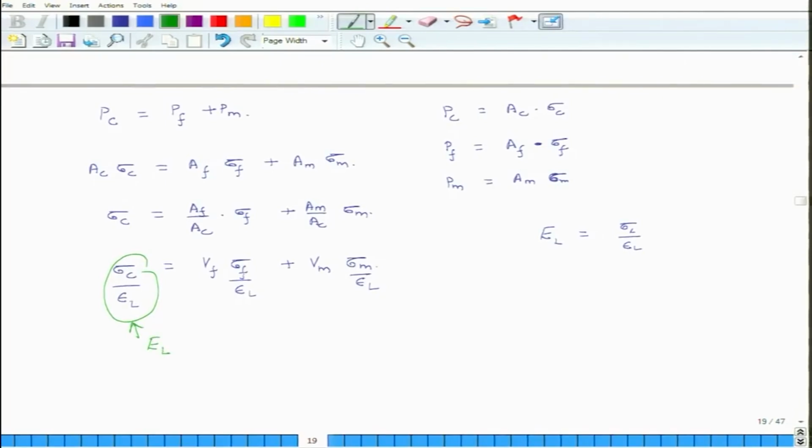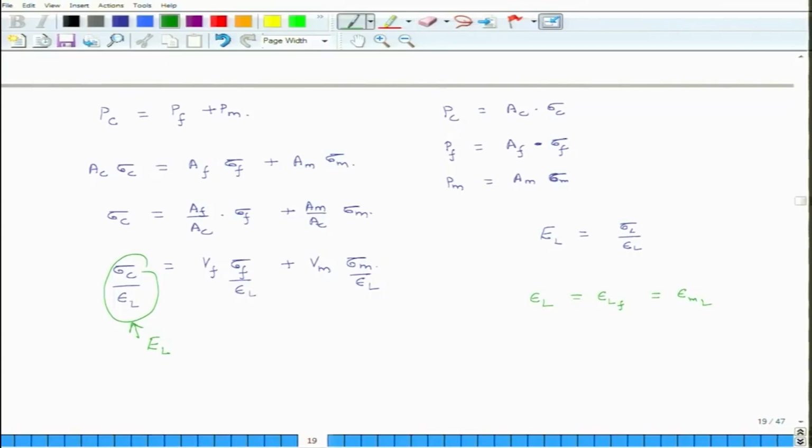Now, epsilon L is the strain in the composite, but we have said that the fibers and the matrix are bonded perfectly together. So, this is same as strain in the L direction in fiber, and this is also same as strain in the matrix in the L direction, right.